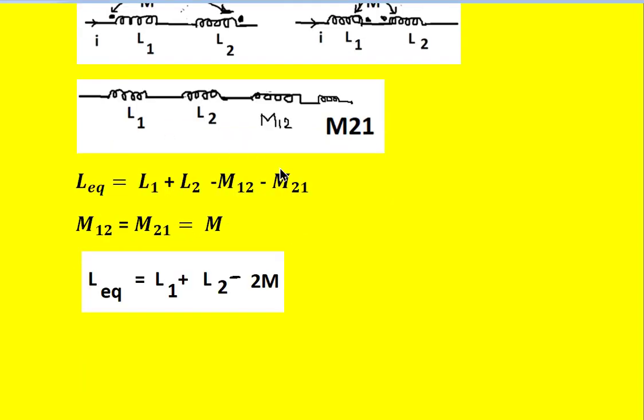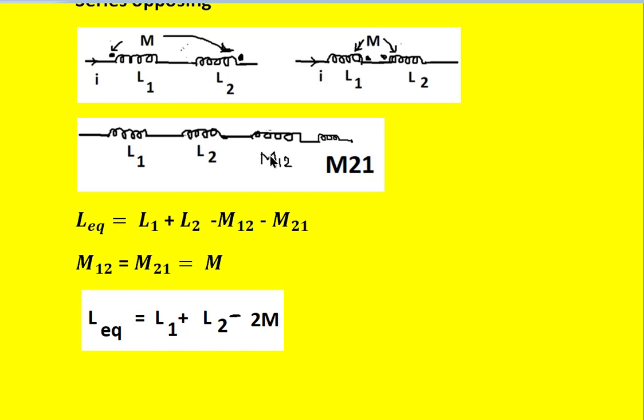So this can be drawn with an equivalent circuit like this. L1, L2, M12, M21 are all in series. When the total inductance is calculated, it can be written like this: L1 plus L2 minus M12 minus M21. Because the fluxes in both cases are opposing, the sign of this will be negative.